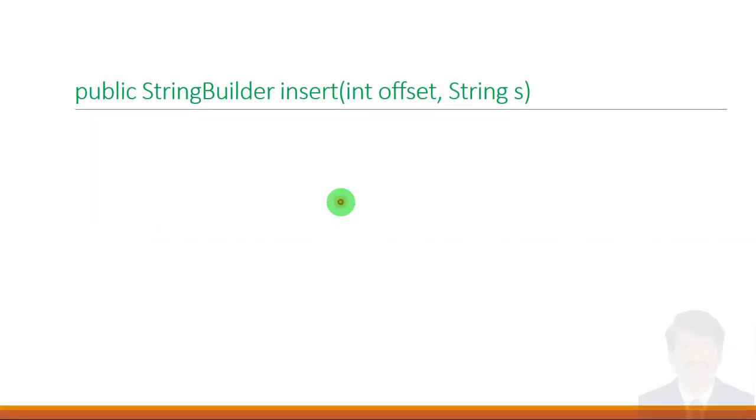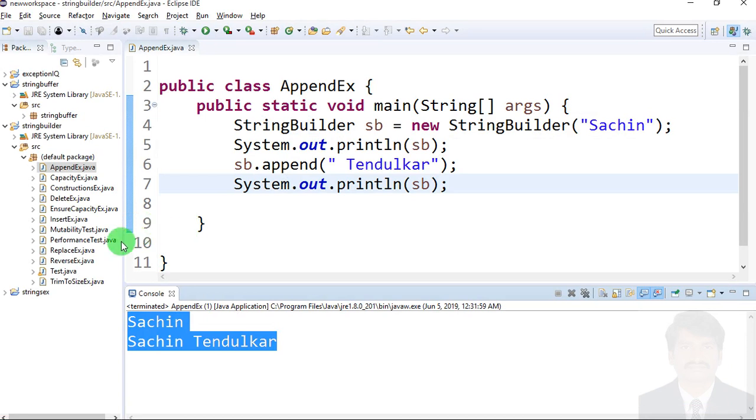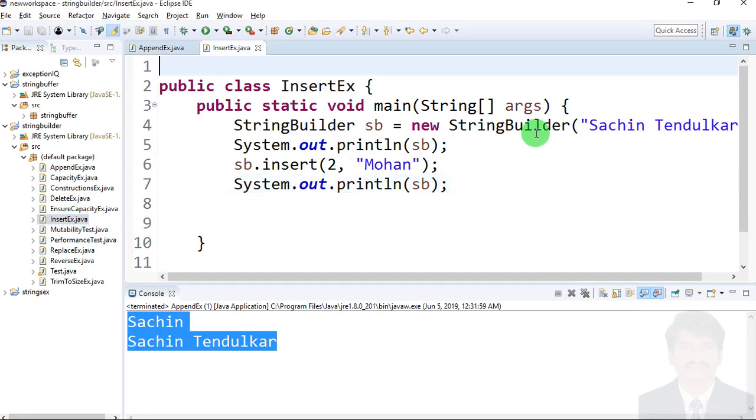Public StringBuilder insert. We are going to insert this string at this specified index. It is used to insert the specified string with this string at the specified position. The insert method has overloaded methods. Let us see the insert, guys. So I have a StringBuilder Sachin Tendulkar.